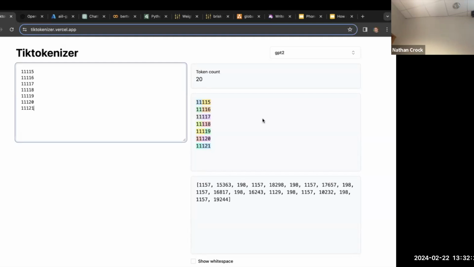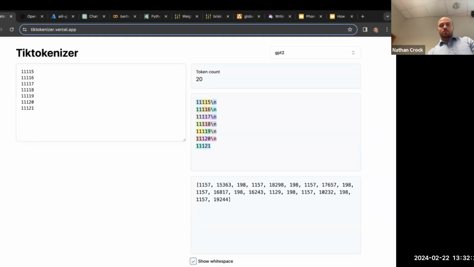So it should be 1157. Oh, there's a new line. Sorry, there's a new line hiding. That's why that's confusing. So there's 3 tokens here: 1157, 15363, 198, and then 1157 again, right? So this 11 is the exact same token, yet they have different colors. It's just for visualization to delineate the tokens that are broken up.